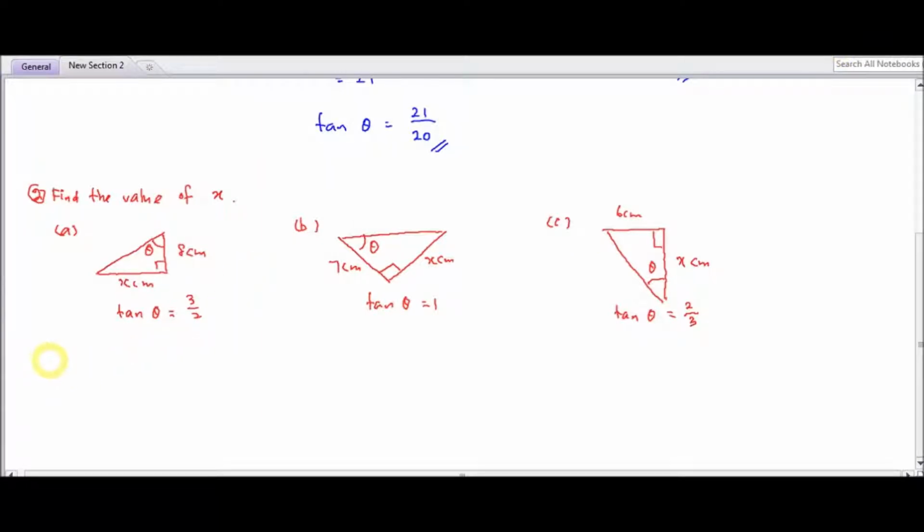Okay, let's see question number 2. Same thing, all is about tangent. Given tangent theta is 3/2, we need to find the value of x. Tangent theta, 3/2, TOA, right? So here is x over 8. And the tangent theta is 3/2.